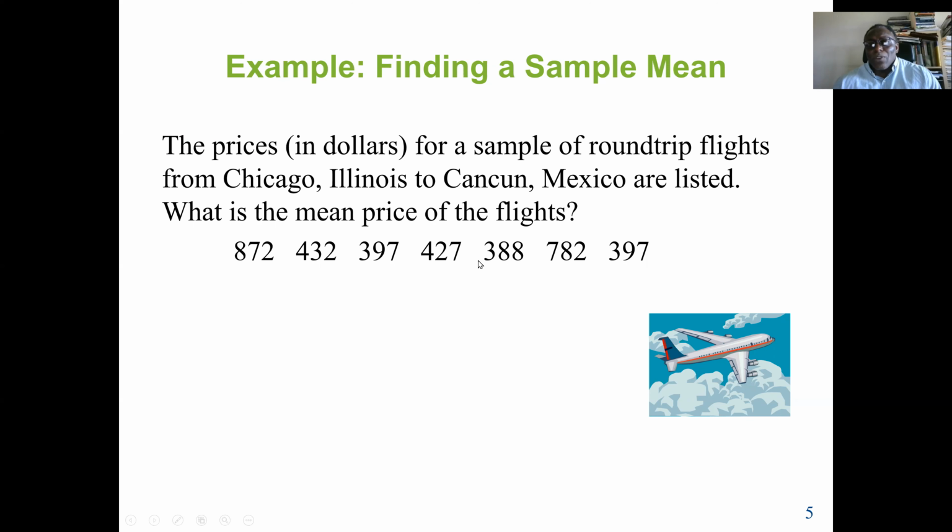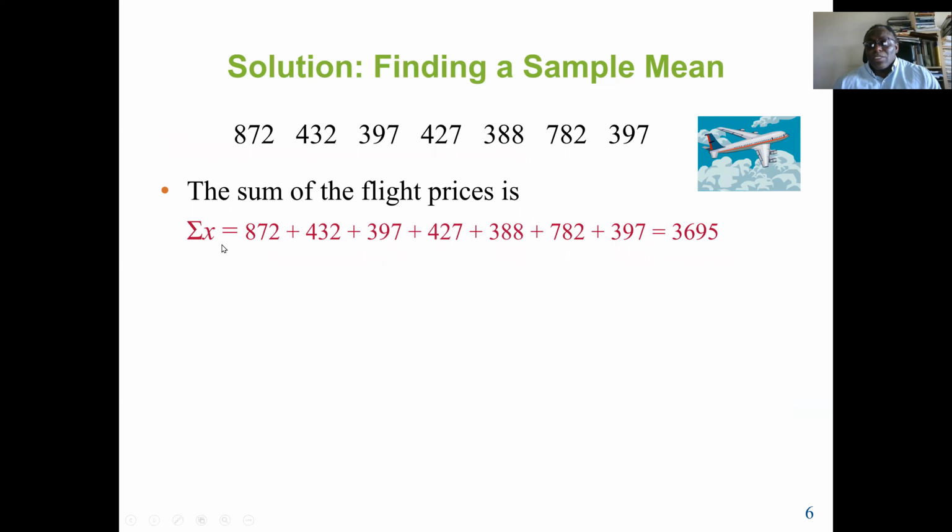So this means we have 7 different prices here. 1, 2, 3, 4, 5, 6, 7. Now the question says we should find the mean price of the flights. So here we are going to add all the values, then divide by 7. The summation of all the 7 values is 3,695.